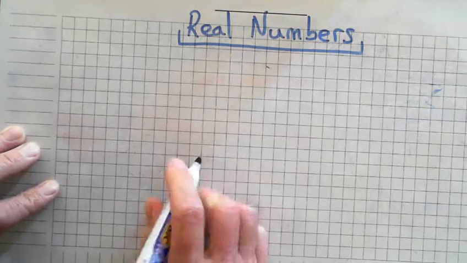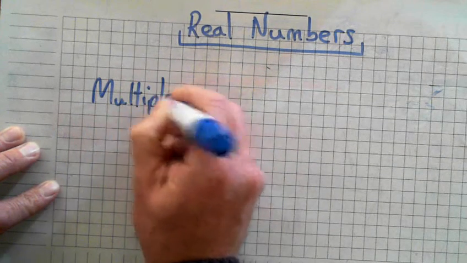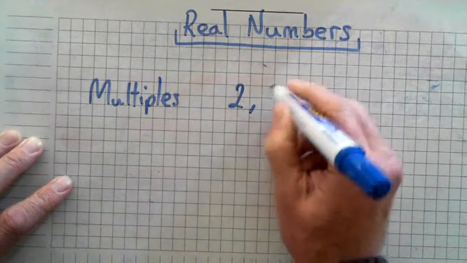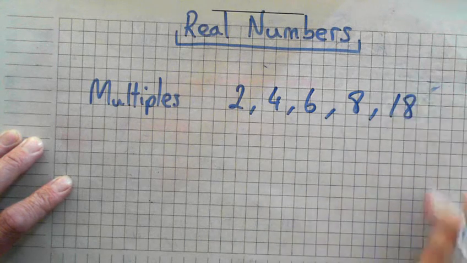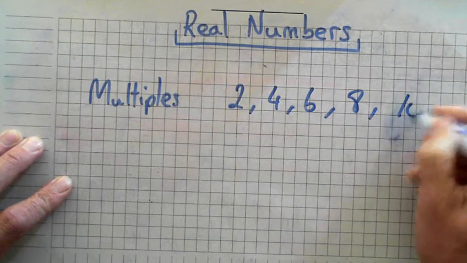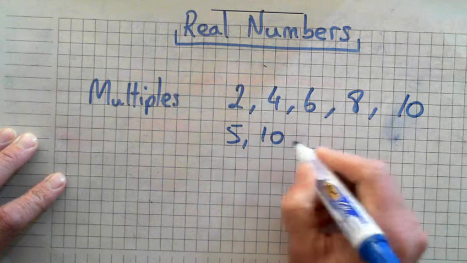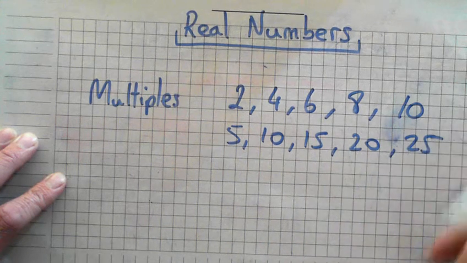Okay, and then multiples. So let's say multiples of 2: 2, 4, 6, 8, 10. What are the multiples of, let's say, 5? 5, 10, 15, 20, 25.